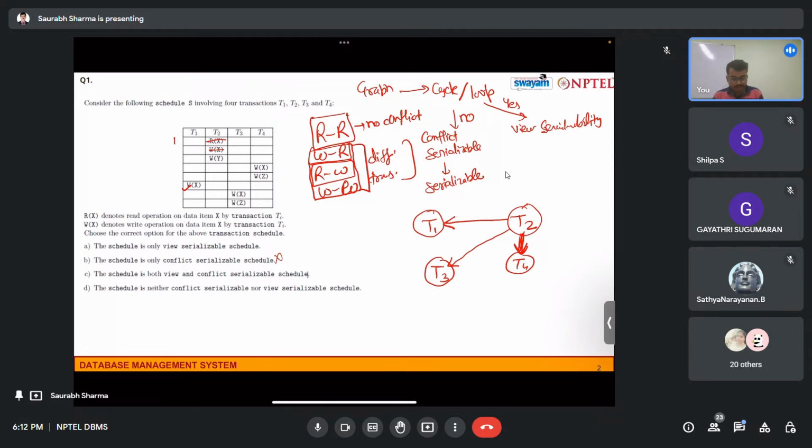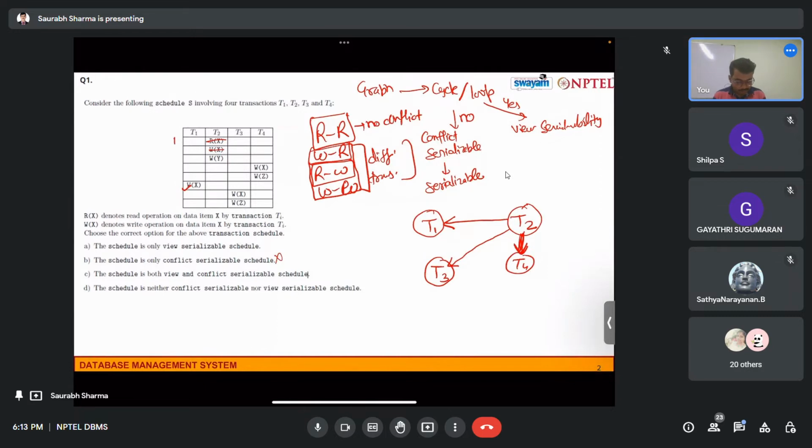Now coming to the third one, there is Wy. For Wy we have to search for Ry or Wy in different transactions. It is in T2, so we have to search in T1, T3, T4.